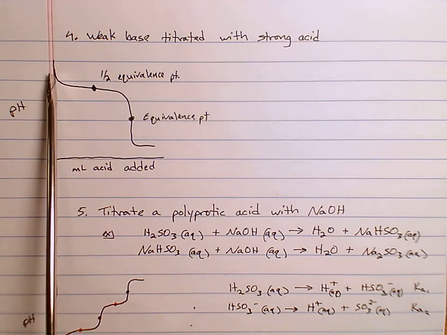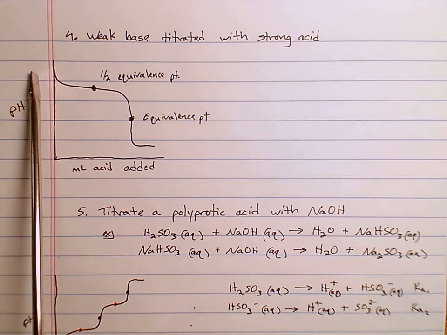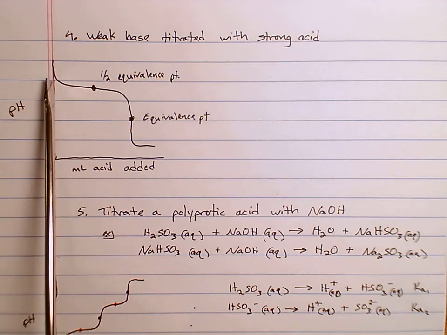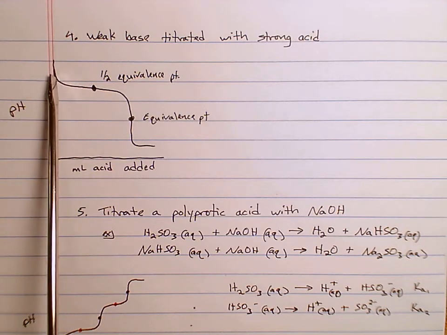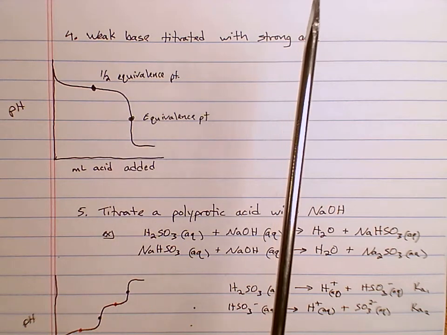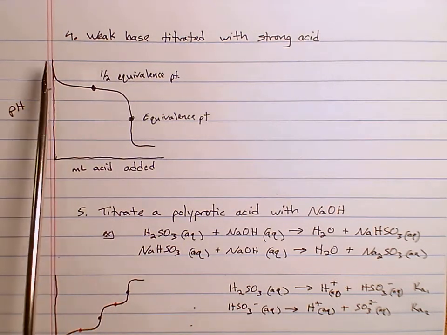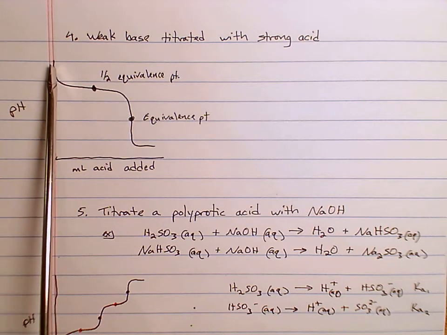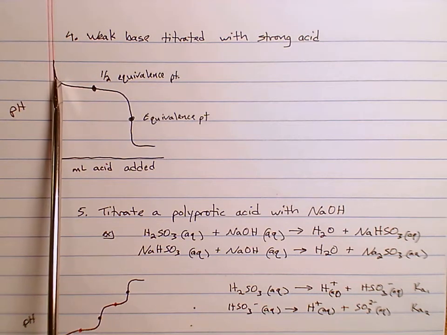We start at higher pHs because there's base in the solution, and then when we're adding the acid, we get this curve. And note, it looks a lot like the inverted weak acid strong base curve, where the pH drops quite a bit at the beginning.